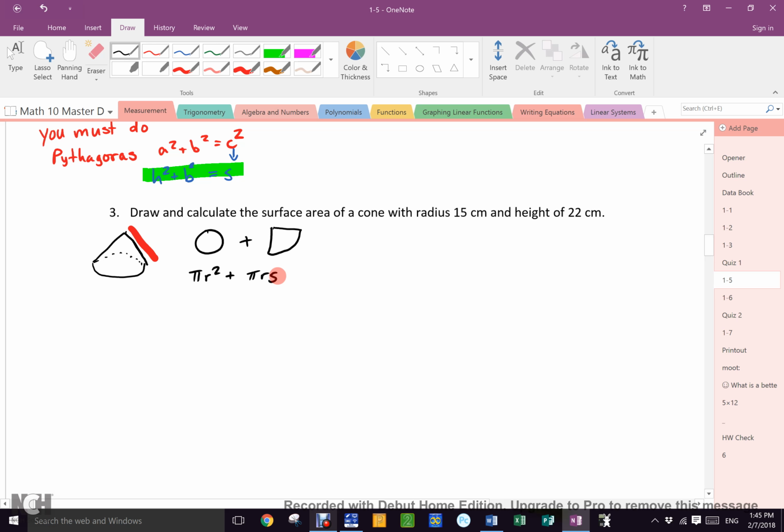They built the formula from models. Everybody cool?